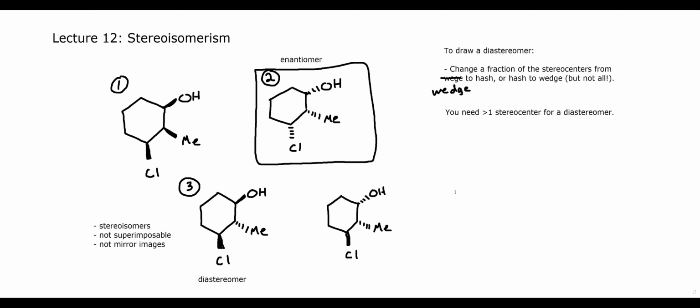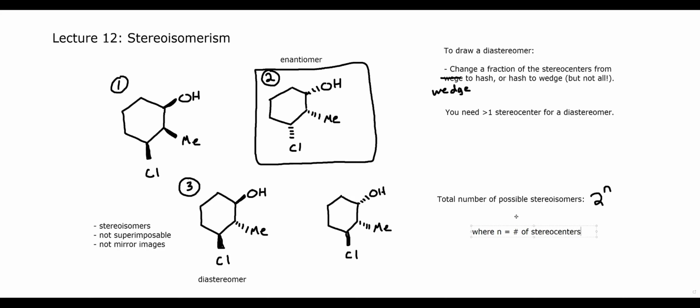In order to find the total number of stereoisomers you have, the total number of stereoisomers is equal to this equation, 2 raised to the n, where n is equal to the number of stereocenters.